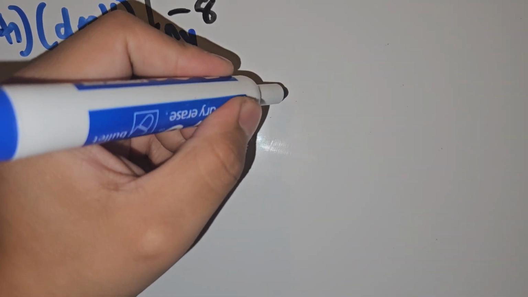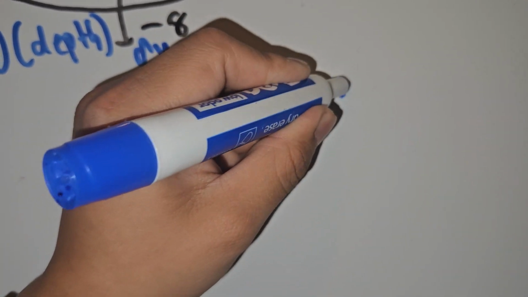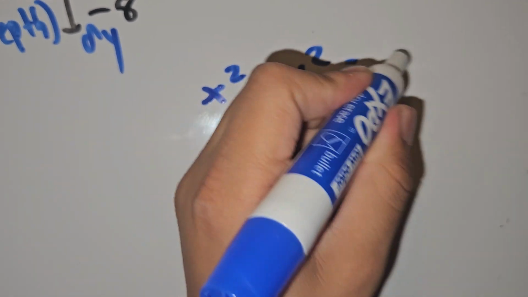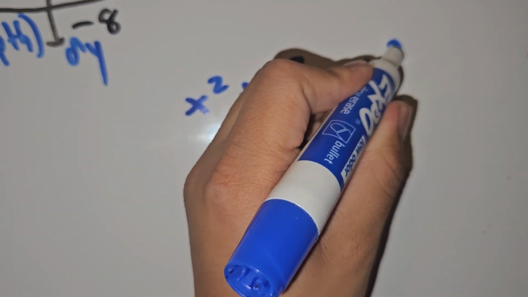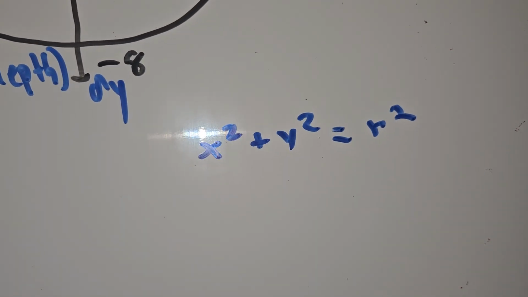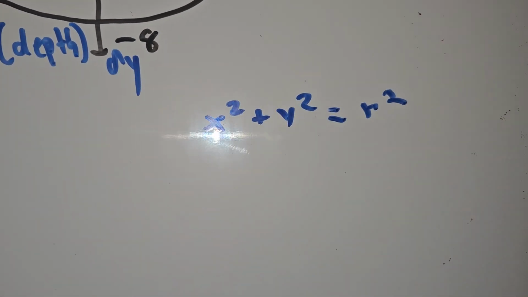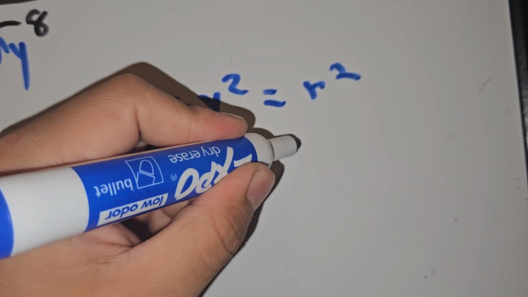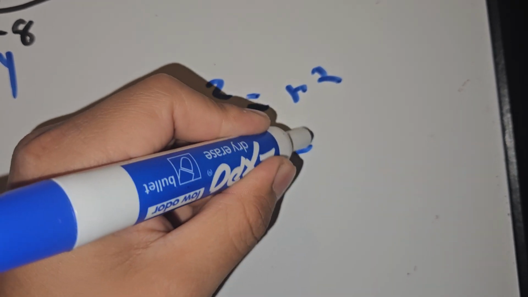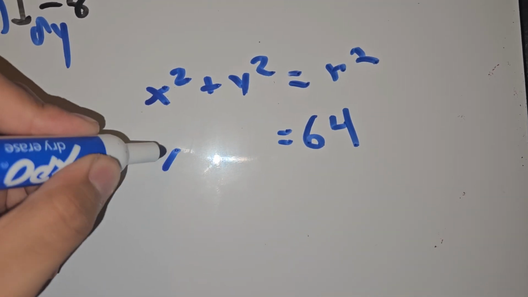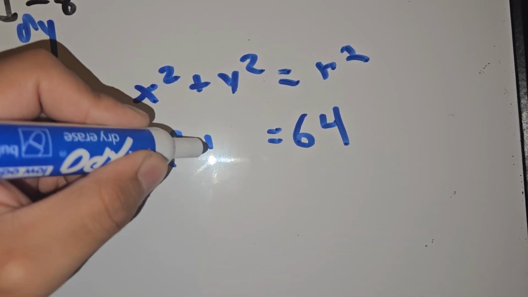It's x squared plus y squared equals r squared. And what is our r? Our radius is 8. What's 8 times 8? That's 64. So 64 is equal to x squared plus y squared.